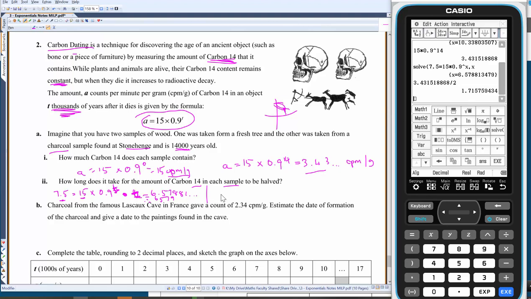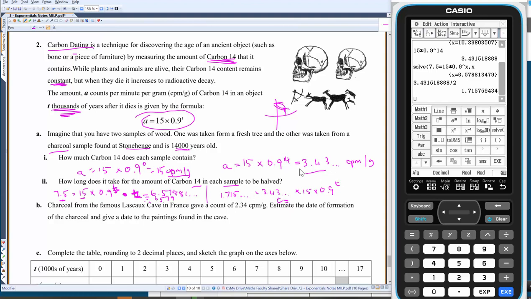For the sample of charcoal at Stonehenge, 1.715 dot dot dot equals 3.43 dot dot dot multiplied by 0.9 to the t. This is going to sound a little bit crazy, but it should give us exactly the same answer as this, because that's how long things take to halve. It doesn't matter how much I actually start with, it should be the same to finish with.